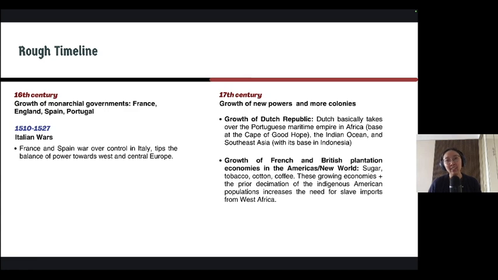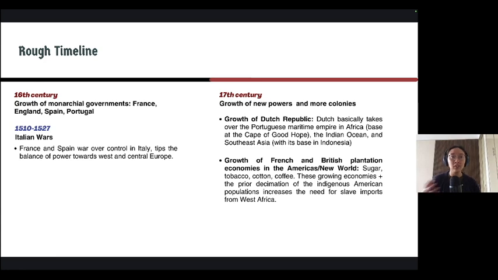Mahabang yung kwento ng Dutch, but once the Dutch emerge, essentially after they shake off Spain, because they used to be part of Spanish territories, no? But once they become independent, they start to take over the Portuguese maritime empire in Africa, particularly the one that rounds the base at the Cape of Good Hope, the Indian Ocean, and Southeast Asia. So eventually, they take up in Indonesia, di ba? Kaya yung colonizer ng Indonesia are the Dutch.